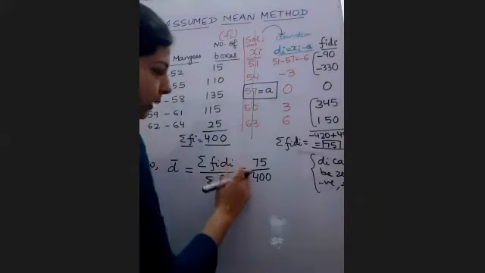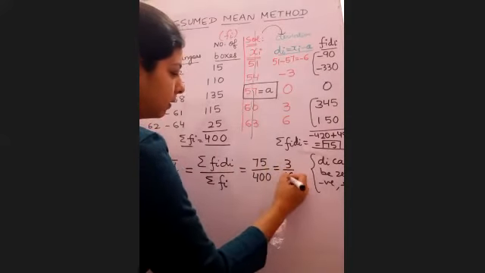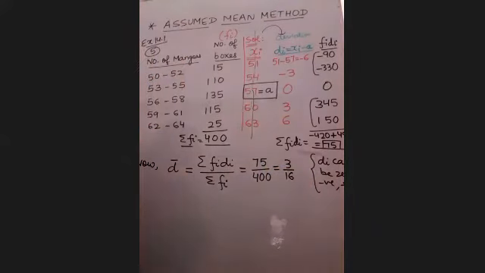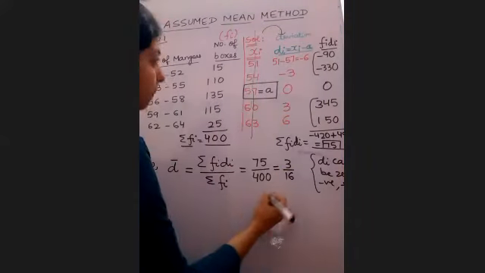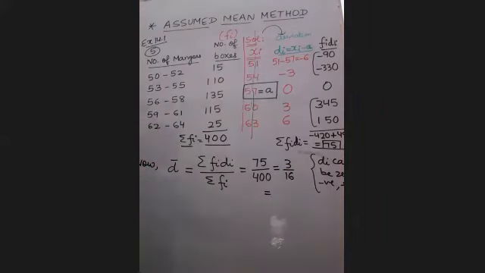In the table of 25, if we cancel, we get 3 upon 16. I would like you to divide it first in decimal form. 3 by 16.